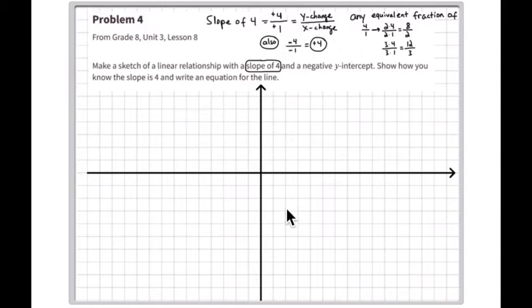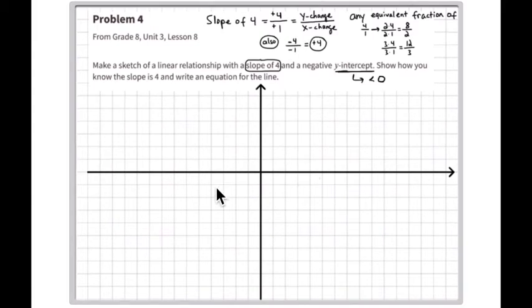I'm going to show you what that means in a little bit more detail in a moment, after I draw the line. And a y-intercept means that x is 0, and any value less than y equals 0. So when y is 0, it's on this x-axis.